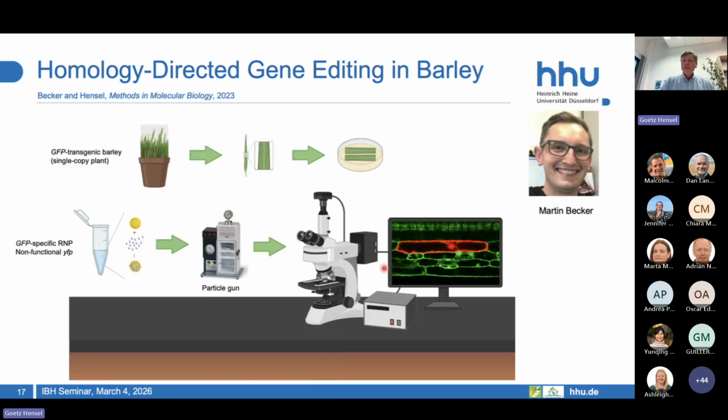So my former postdoc, Martin Becker, then established a method where we used biolistics in order to transform epidermal leaf cells of barley. And here we use the transgenic barley line, which has a single copy of GFP. So you use leaf segments and bombarded those with gold particles, which were covered with the ribonucleoprotein complex specific for the GFP and the repair template with a non-functional YFP.